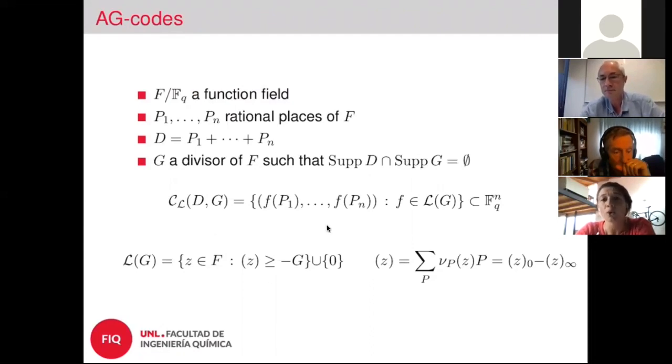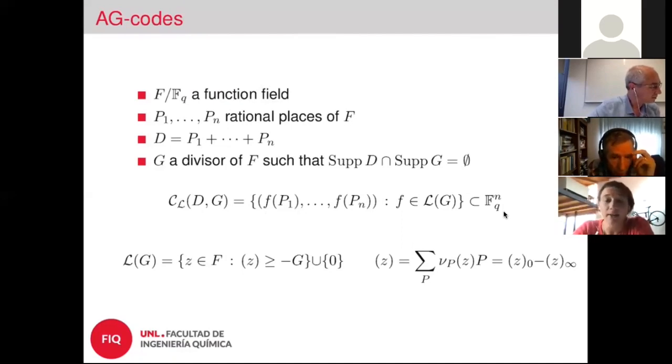So the code is made by evaluating functions from the Riemann-Roch space associated to G on these places P_1, ..., P_n. Since these places are rational and f has no poles in any of these points, this evaluation gives you a vector in F_q^n, so it's a word there.